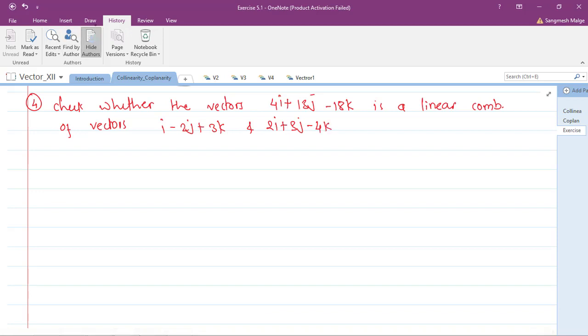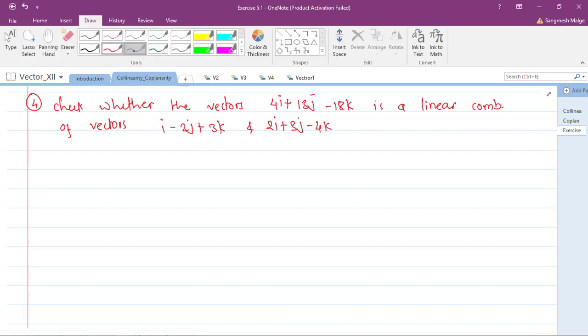We have to show that the given first vector is a linear combination of the two vectors. We have to verify that. Check whether this is true or not.